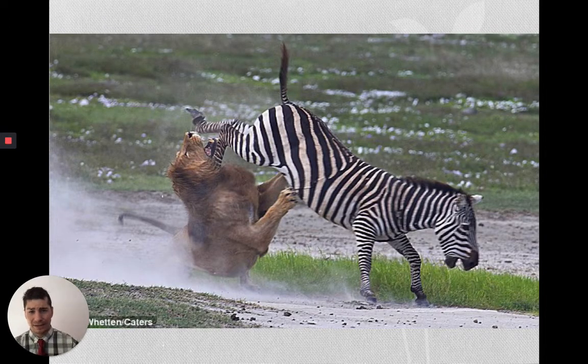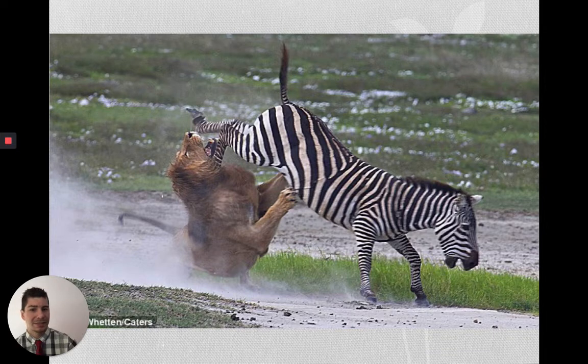Another one here, we have zebras and lions, right? Zebras are vicious. They are vicious, vicious animals, okay? A lot of times hunting is very dangerous for lions. The lion will try to attack the zebra and get kicked right in the face, and they're probably going to die in the long run, which really sucks for the lion, right?